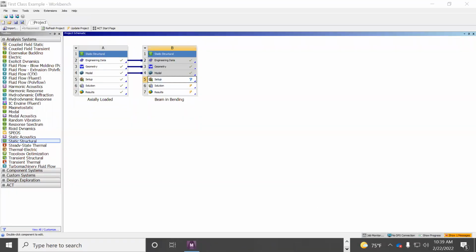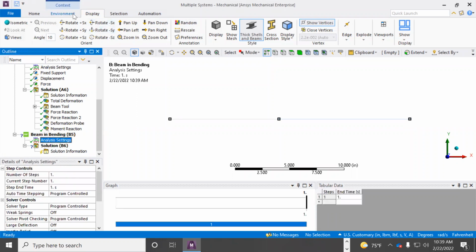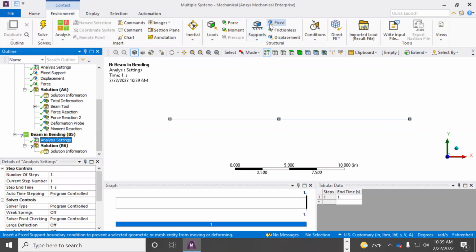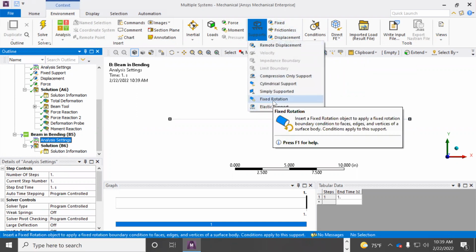You can go to Mechanical. I am looking here at the beam in bending analysis setting. I'm going to go to the environment where I can define my supports. And you look here, we have supports. If you click on it, you have several types of supports, including fixed.